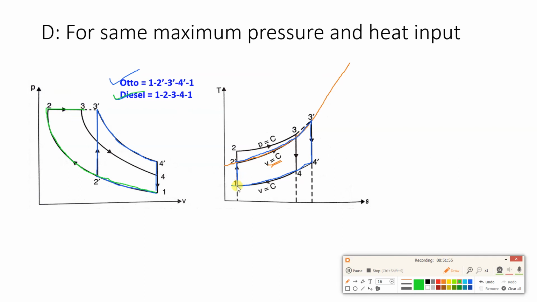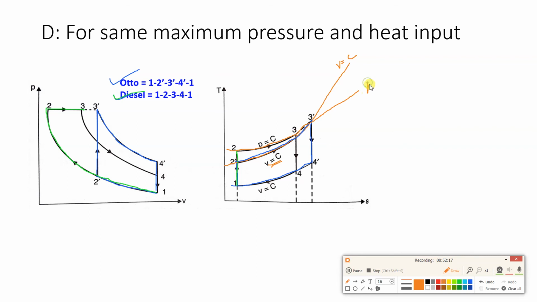So I'll draw process 1 to 2 first, isentropic compression, and from point number 2 I'll draw this original line which I had drawn, this curve, it was volume equal to constant. Now from point number 2 I'll draw pressure equal to constant.